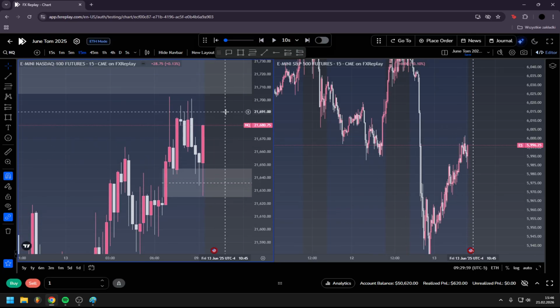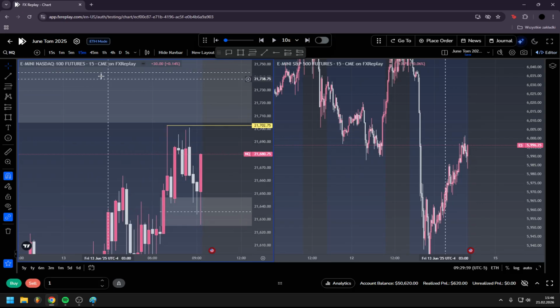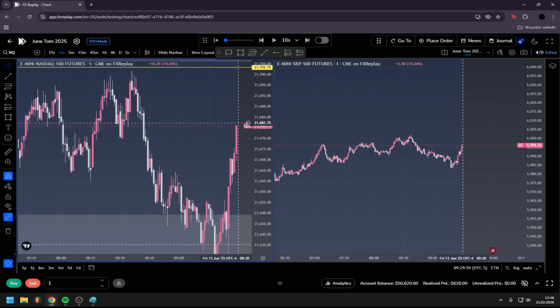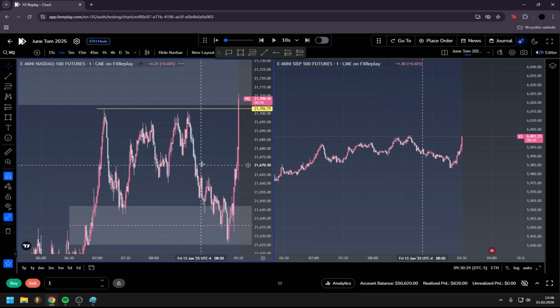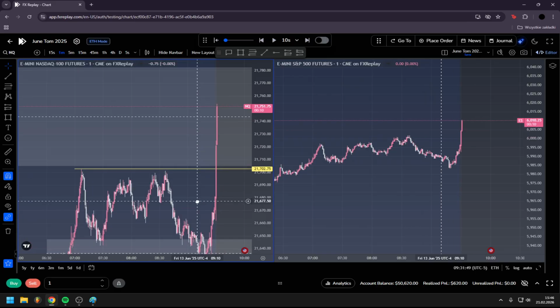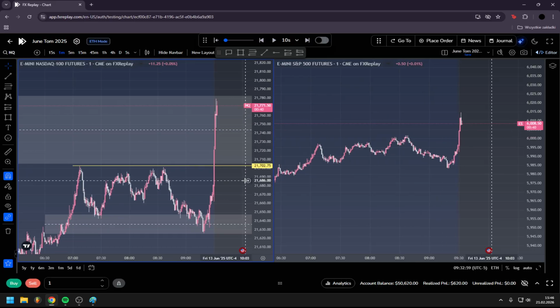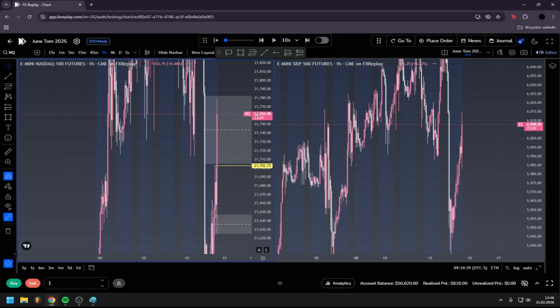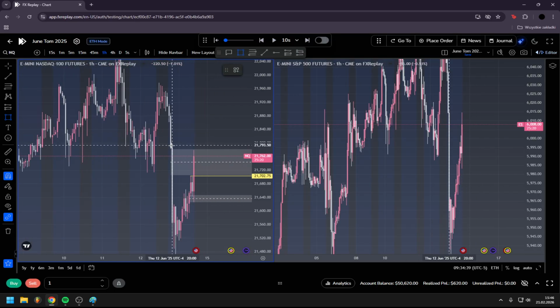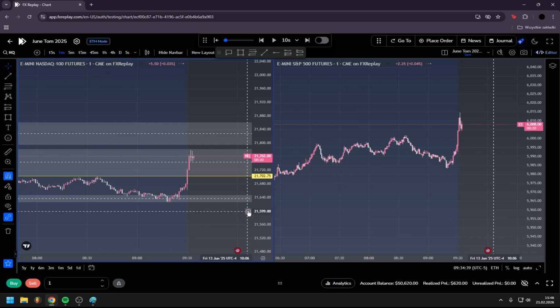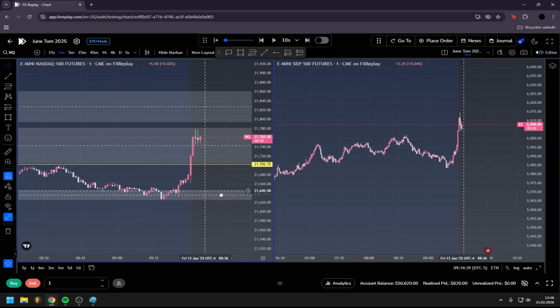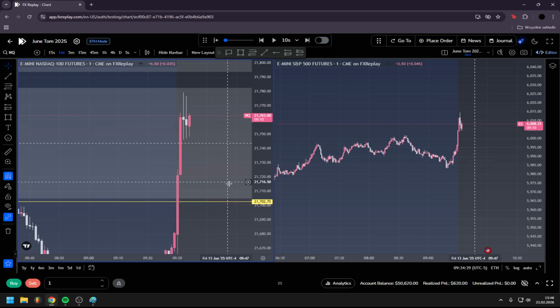Manipulate, displace higher. The draw here. Took this. Displace higher. We're in this area of sell side. Now let's see how we react off of it.